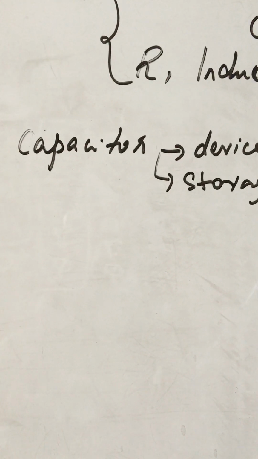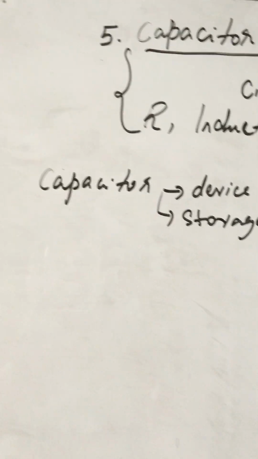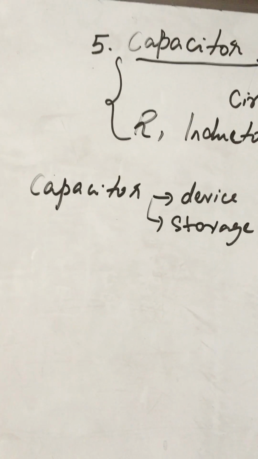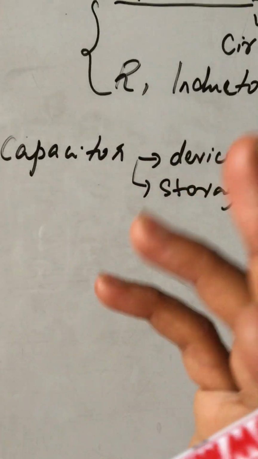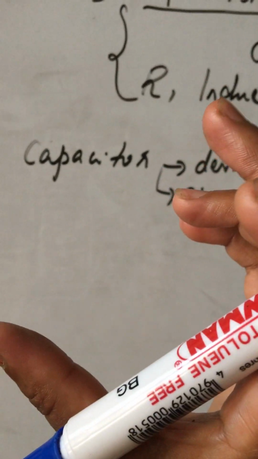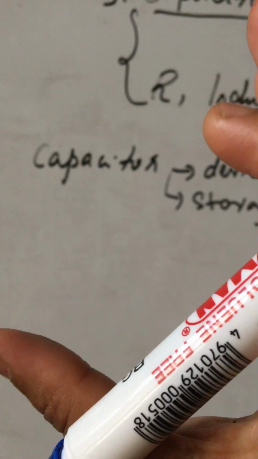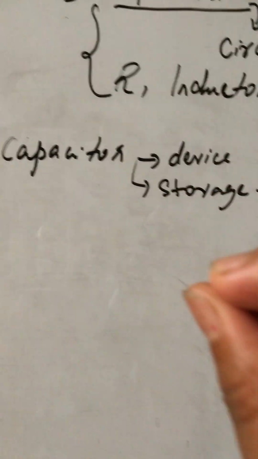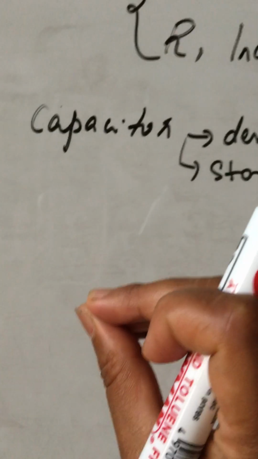We get the supply from the electricity board, right? The capacitor stores a large amount of charge depending upon its capacity. Then when you turn on, in order to overcome the inertia, it needs a large amount of charge at a time, in a short period of time.